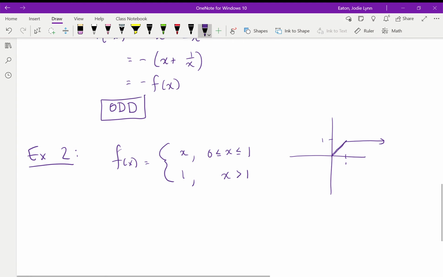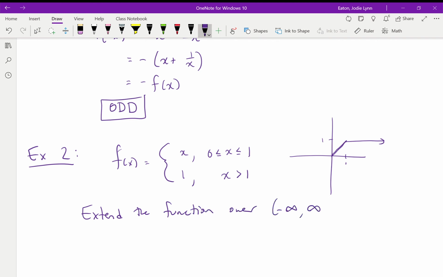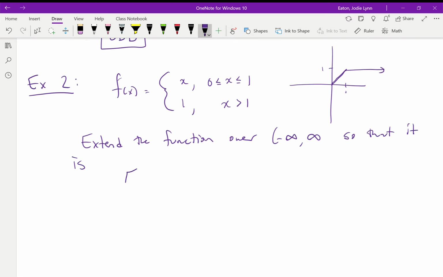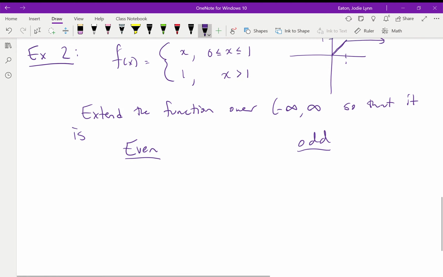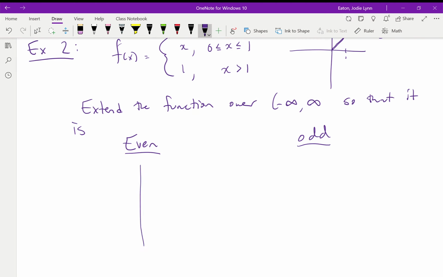We want to extend the function over negative infinity to positive infinity so that it is even or odd. So if we take that sort of a half function and draw a full negative infinity to positive infinity function, that would be odd.